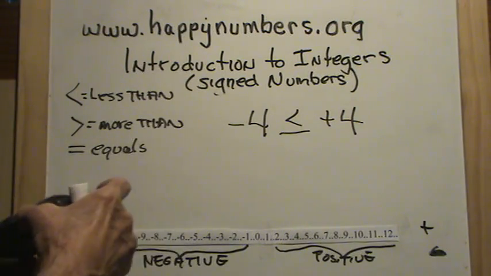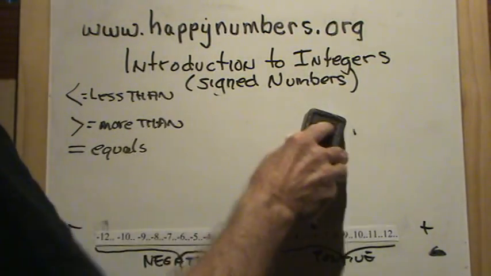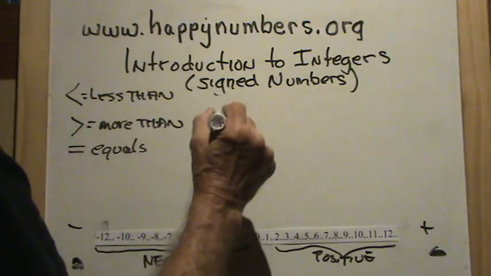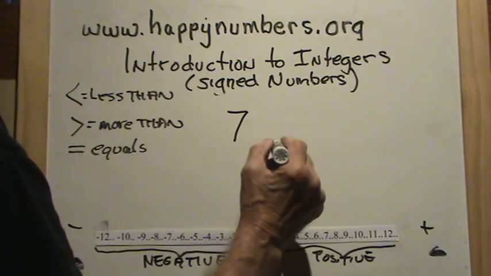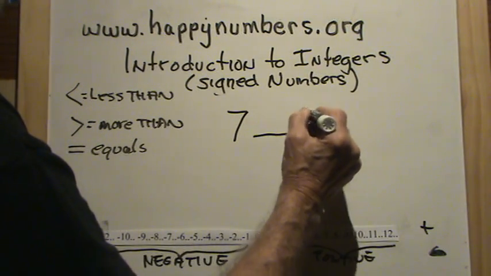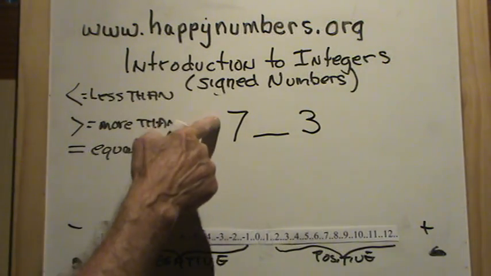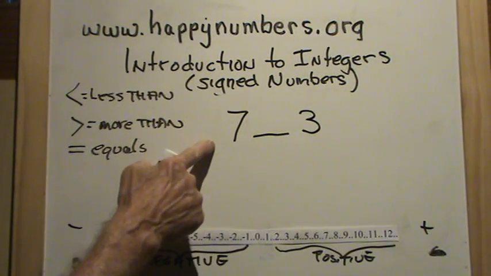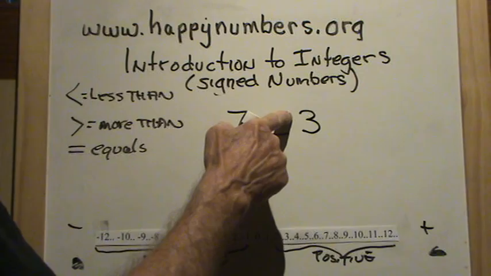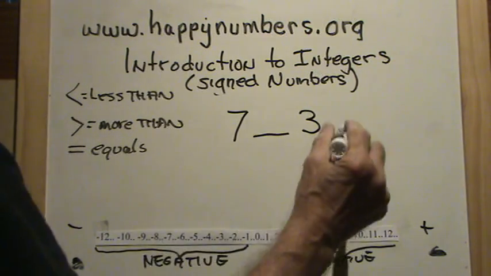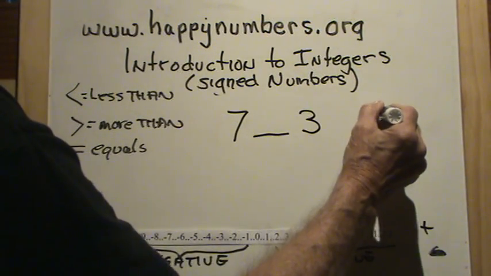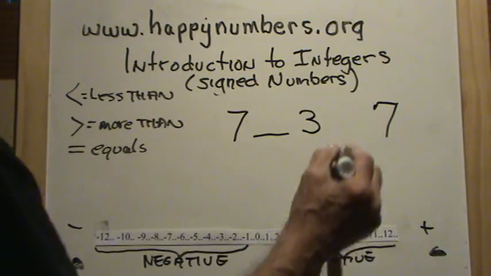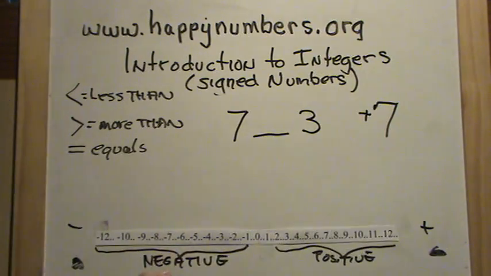Let's try another one. How about 7 and 3? Now there's no sign here, so whenever there is no sign, the number is always positive. So positive numbers can be written like that with no sign, or they can be written with a sign.